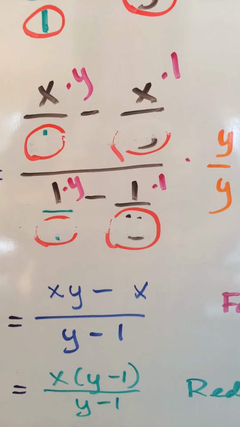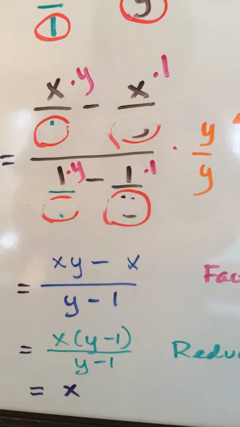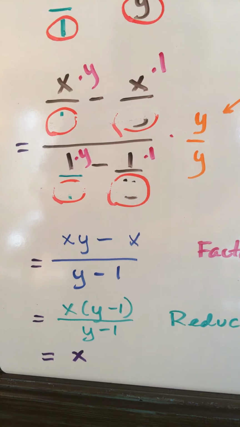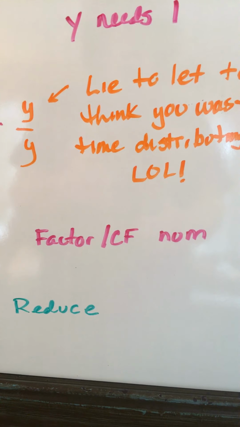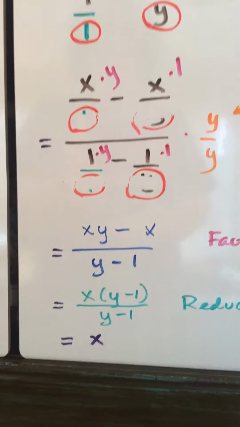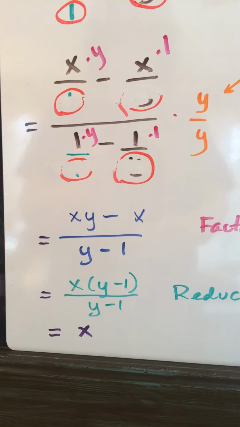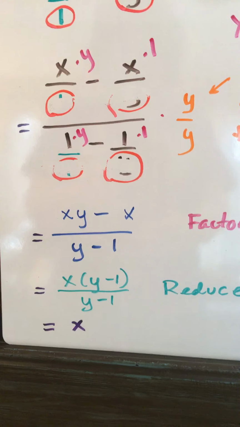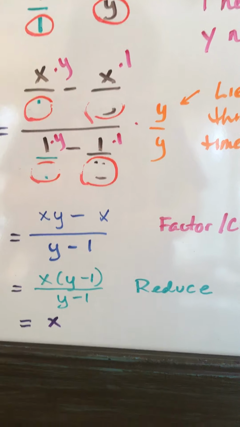So we go ahead and get our product, which is xy minus x, and then the product's y minus 1. Now, of course, you have to factor, and in this case, we're going to factor the numerator with a common factor, which is the kind we always forget. So the common factor is x, and lo and behold, look at y minus 1 and y minus 1, they reduce.